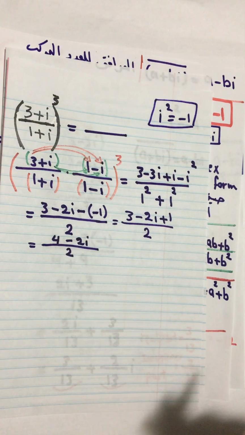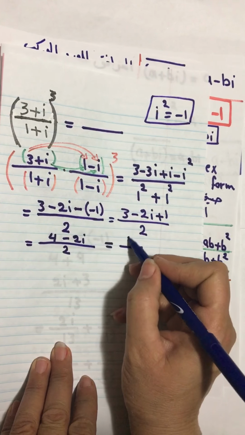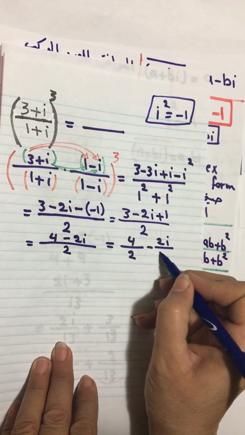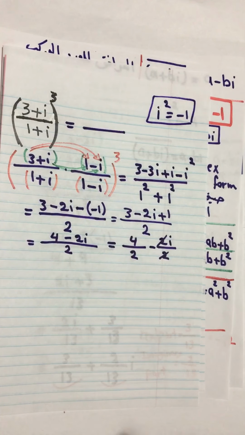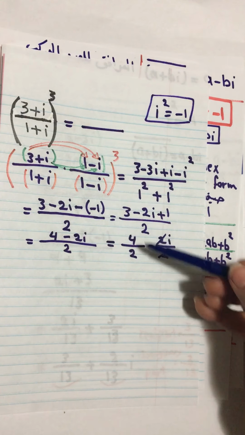And right here, I'm going to have 4 over 2 minus 2i over 2, cancel out, and 4 over 2 is 2, divide 4 by 2 it's 2.